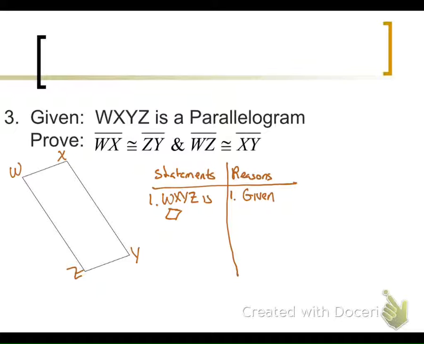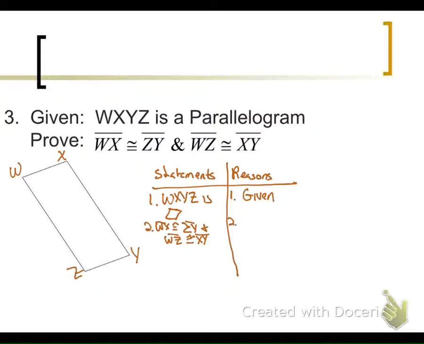What property is that? If you look at the fact that we know it's a parallelogram, what do we have in there? Yeah, both pairs of opposite sides are congruent. So you're done with this one by saying what it told you to prove. So 2, WX is congruent to ZY, and WZ is congruent to XY.